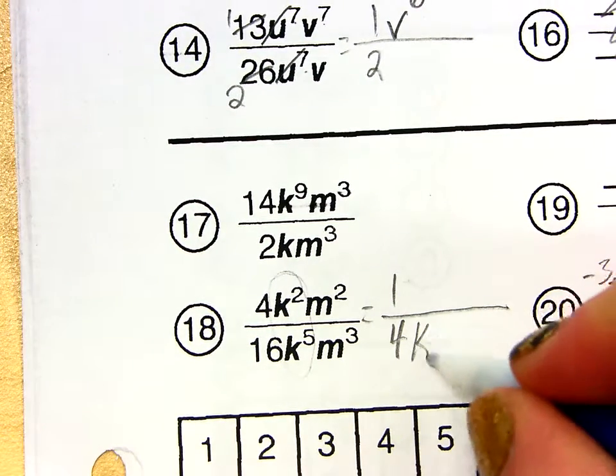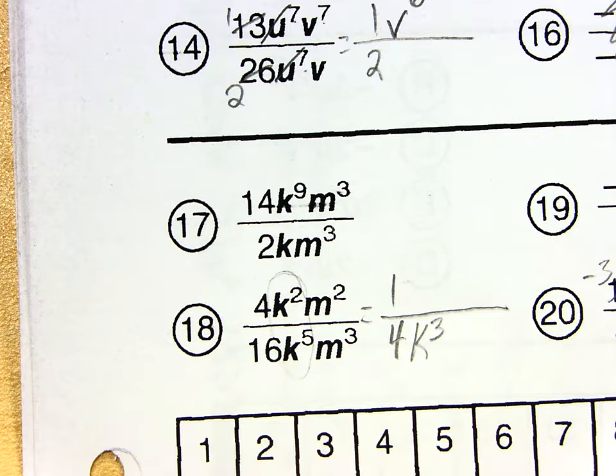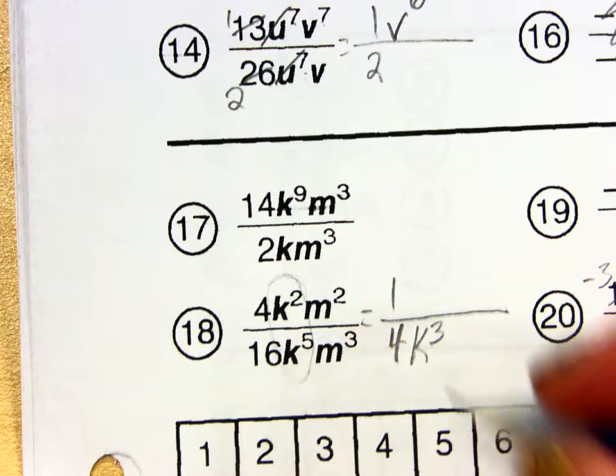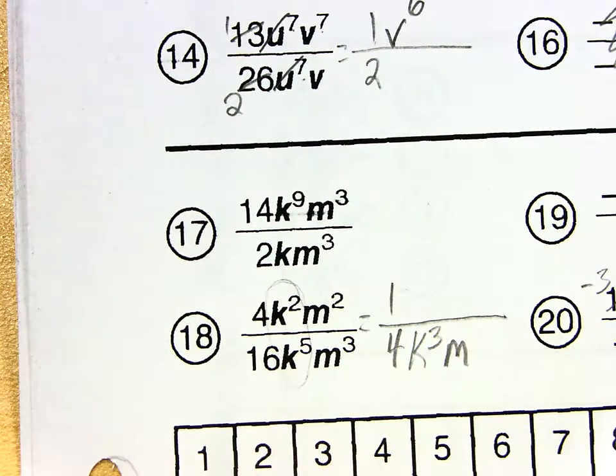That's it. And then the M's. Kaylee D. M to the what? Yes! Say it with confidence. Yes! M to the first in the denominator. Does that make sense? All right, good. Any other ones anybody wants?